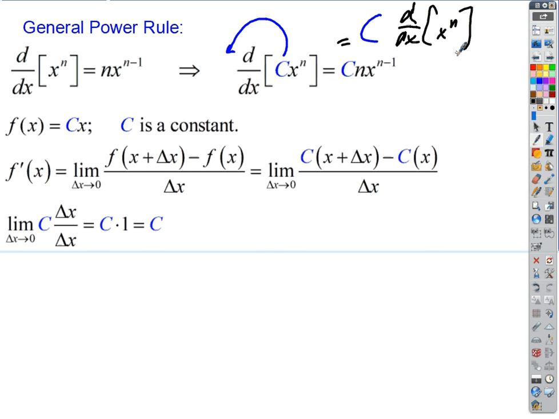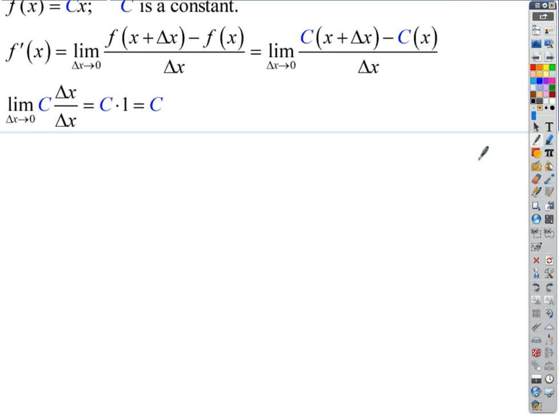So what do we get from that? Well, that's our general power rule. The constant is just going to be multiplied by the result. You can always pull a constant out front when you differentiate, okay? Very handy.